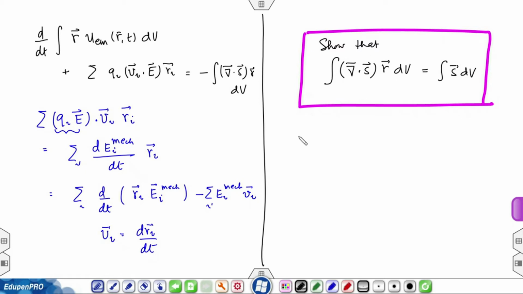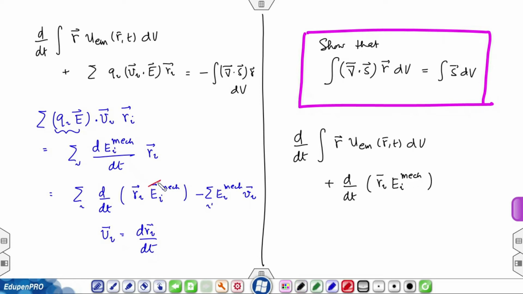So, what we have now is that d/dt of the integral of r u_em(r,t) dV plus d/dt of the summation of r_i E_i mechanical is equal to minus the integral of S dV plus the summation of E_i mechanical v_i. I have made an error here, this should not be a vector on the left hand side. Let us write this equation on the next slide.